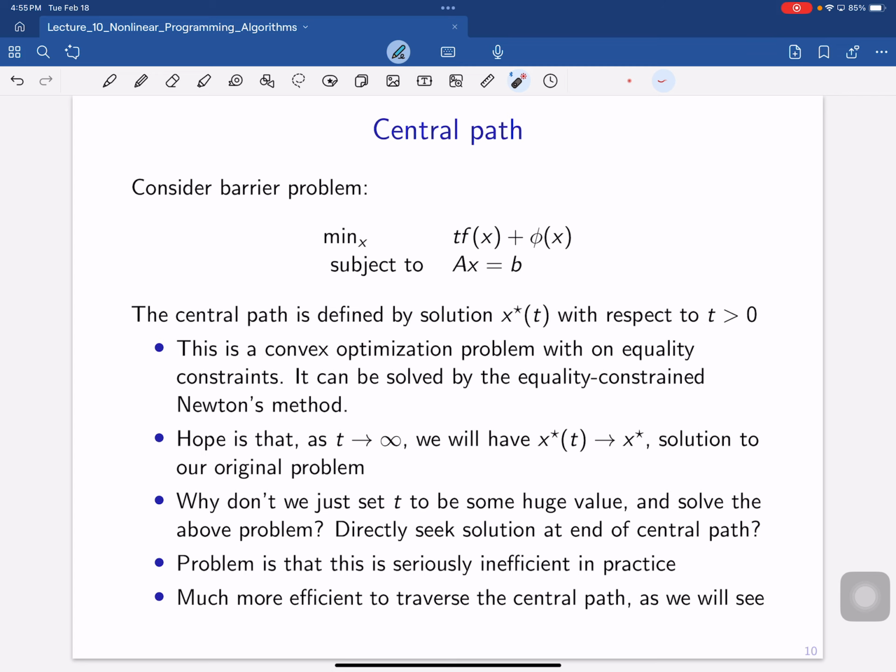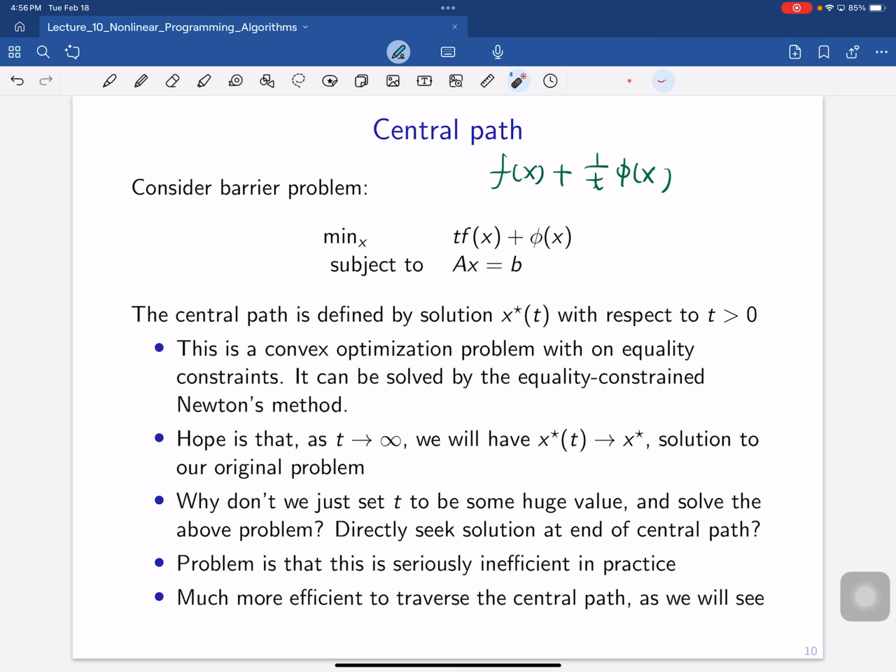Remember, originally I have f of x plus 1 over t times phi of x. This objective is equal to t times f of x plus phi of x. You just multiply t to this problem. If you multiply by a strictly greater than 0 number, it doesn't change the optimal solution.